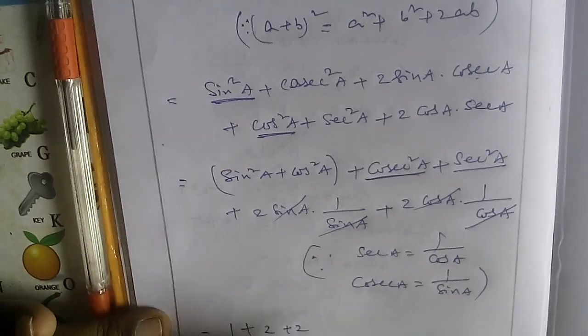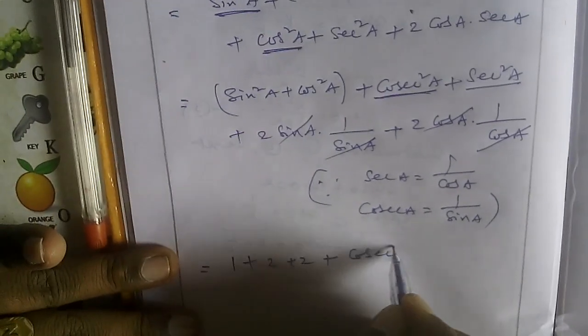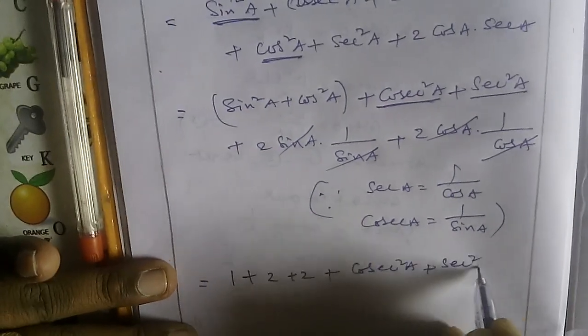We have 2 plus 2 plus 1 is equal to cosec square A plus sec square A.